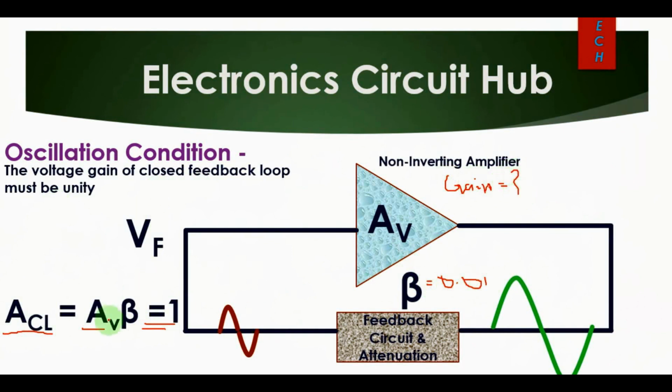You know AV into beta equals 1. So if you want to calculate AV here, that equals 1 divided by beta, right? Now you have 1 divided by 0.01. If you solve this, you will get 100 here. So the gain of this circuit should be 100. Now if you multiply this 100 into 0.01, you will get 1. So this is the second principle of the Barkhausen criteria, right?